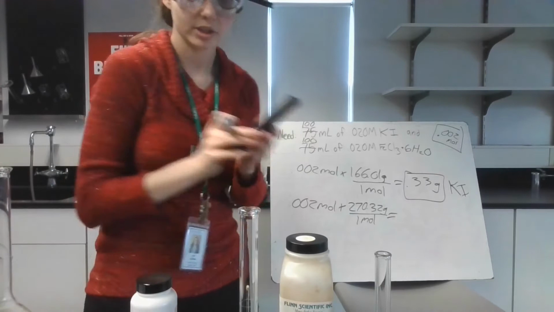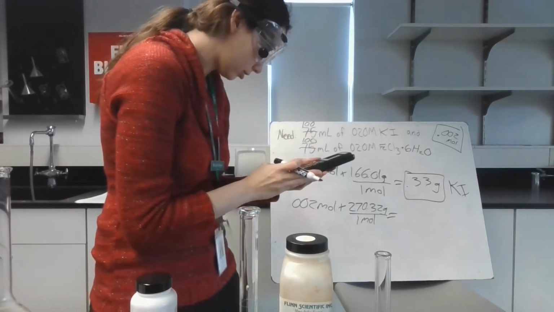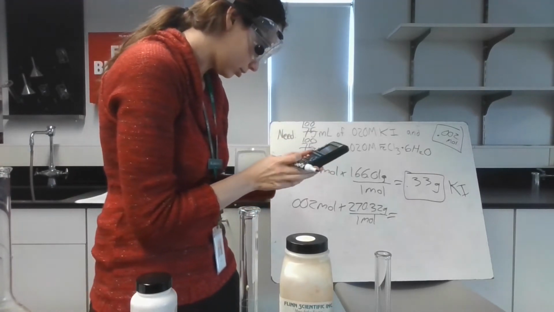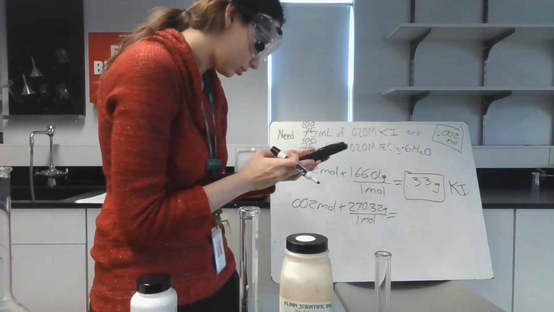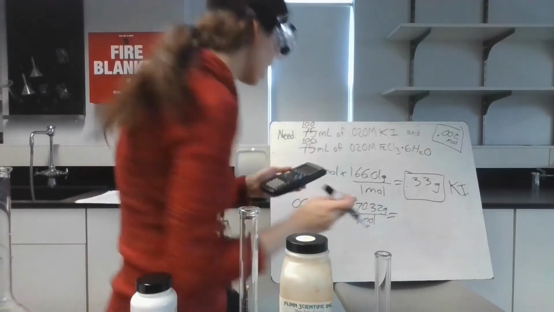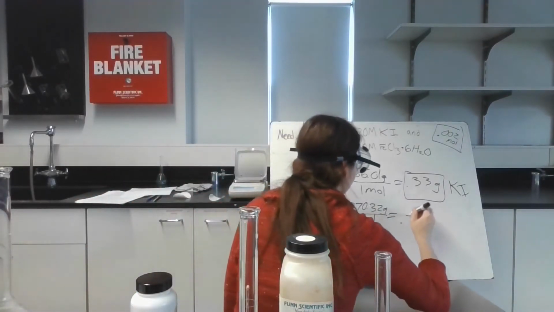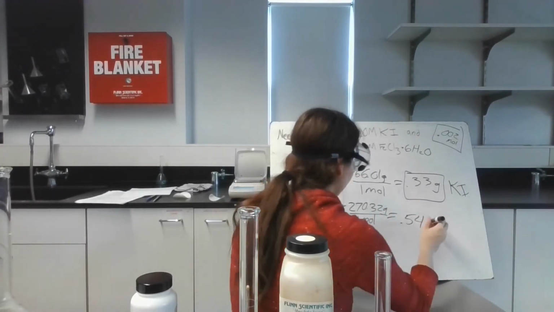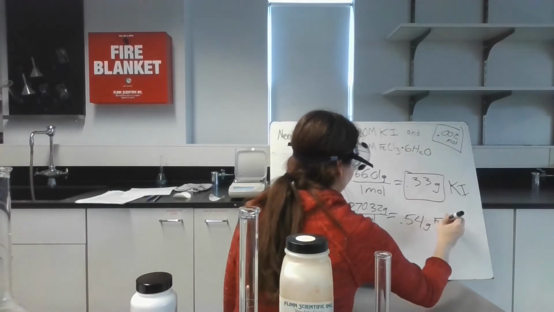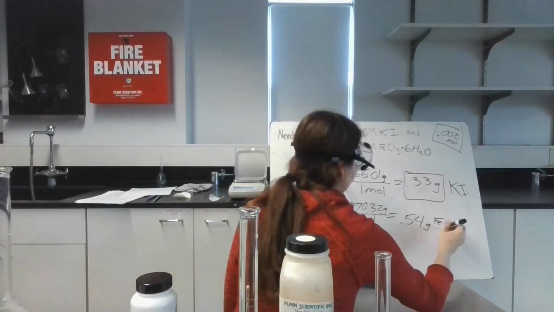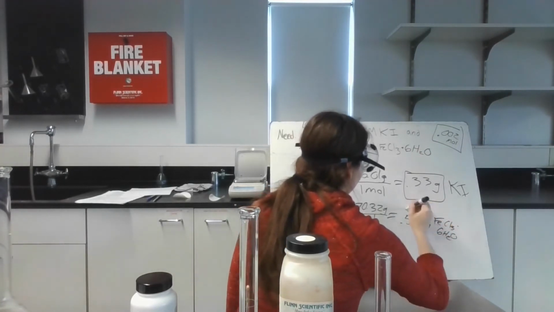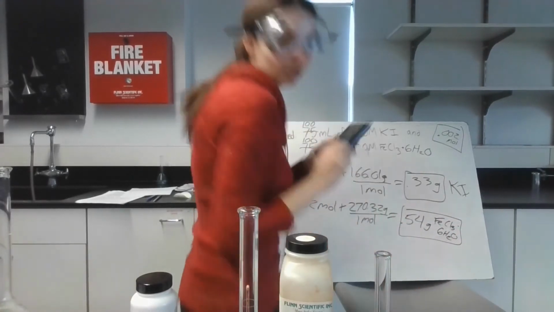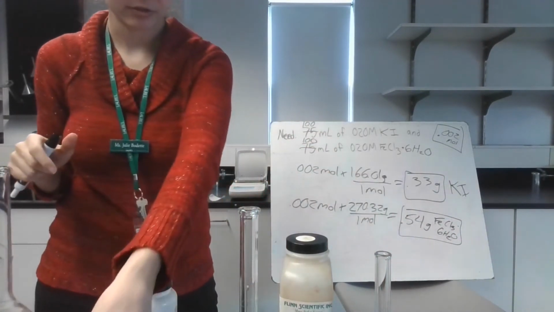So if I multiply that, 0.54064. We'll just round that to 0.54. This is grams of FeCl3 times 6H2O. Okay, so that's the calculations done, so now to actually make these.